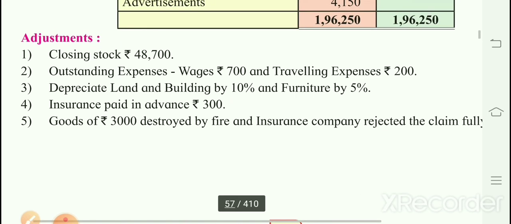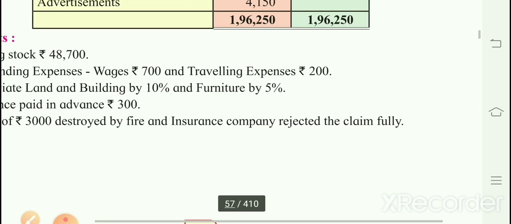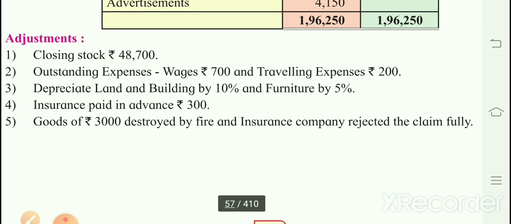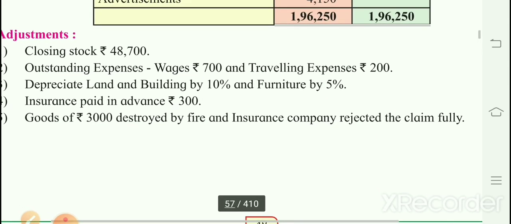Then next adjustment, goods of rupees 3,000 destroyed by fire and insurance company rejected the claim fully. Means, in business, the goods of rupees 3000 were destroyed due to sudden fire and nothing has been provided by the insurance company, means we are facing full loss.